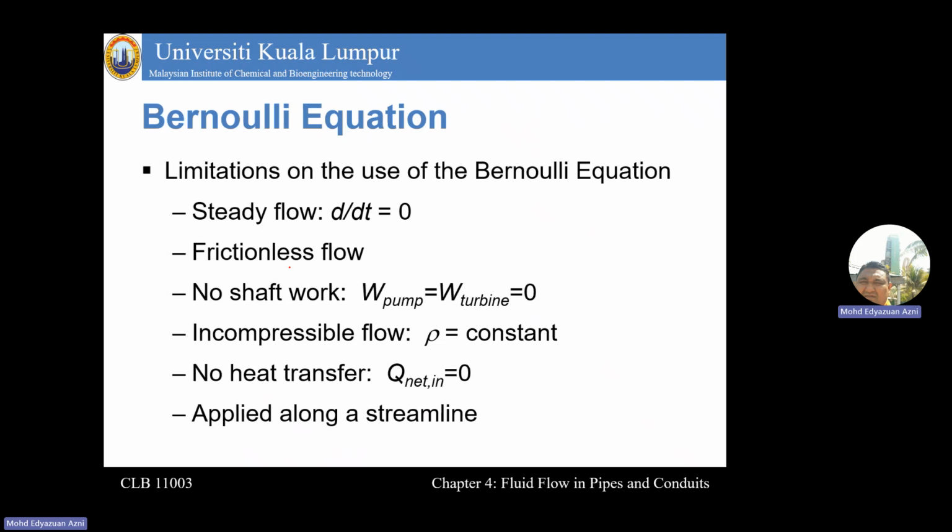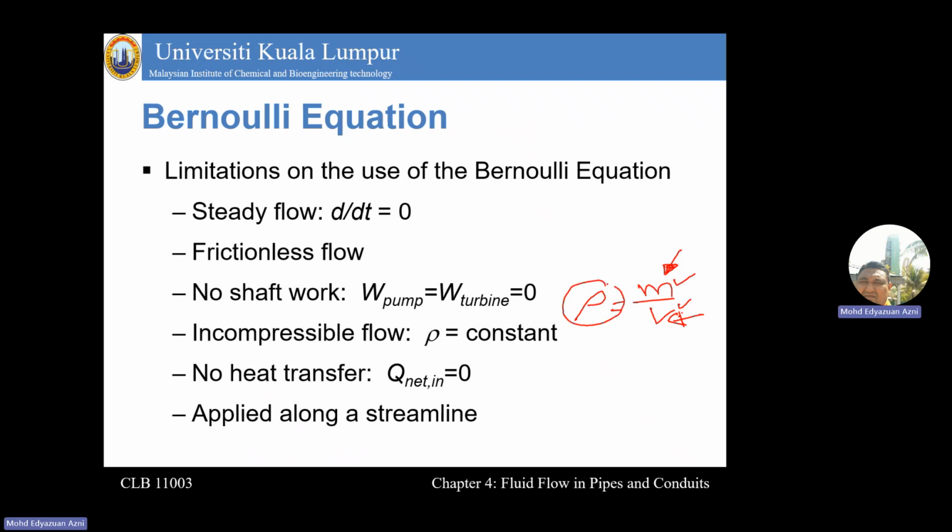Then it is incompressible flow, which means that if we don't compress the system, the density will be the same, because density is equal to m over v. Mass cannot be destroyed, so it stays the same, and if the system is not compressed, the volume stays the same too.